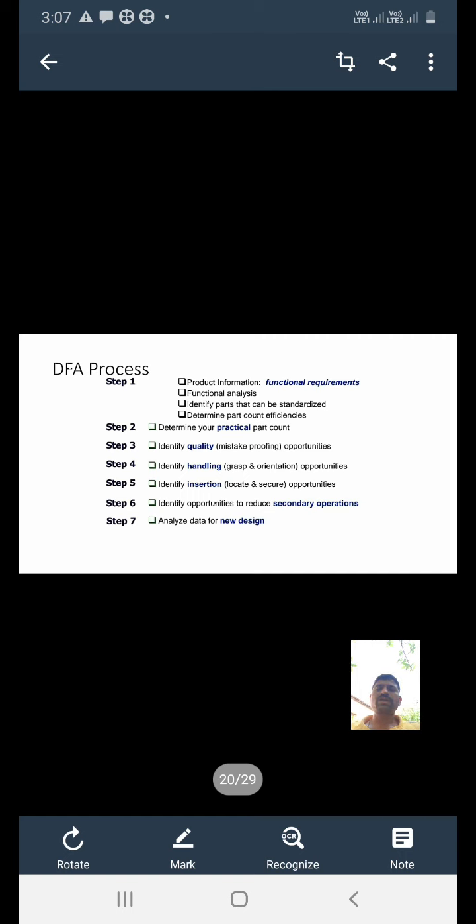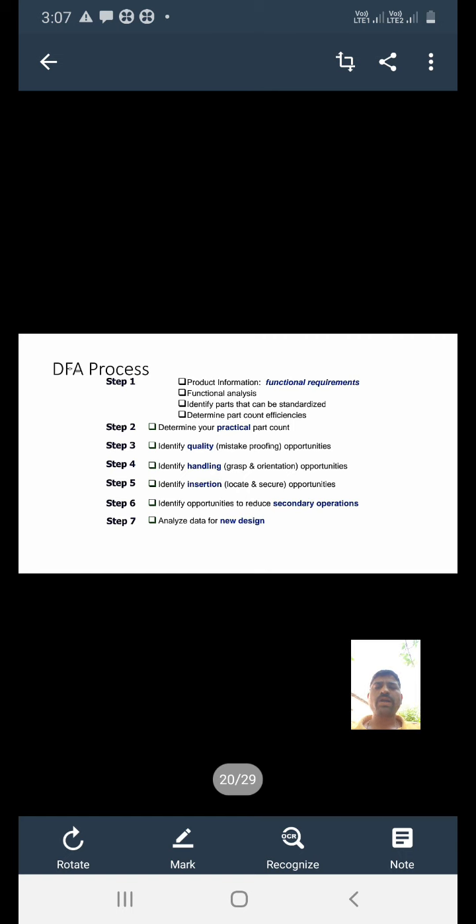In step number 3, identify the handling, means grasp and orientation opportunity. Handle that part as per the sequence. You have to check the sequence of the parts: which is the first part, which is the second, which is the third, which is the next part, and make the assembly properly.